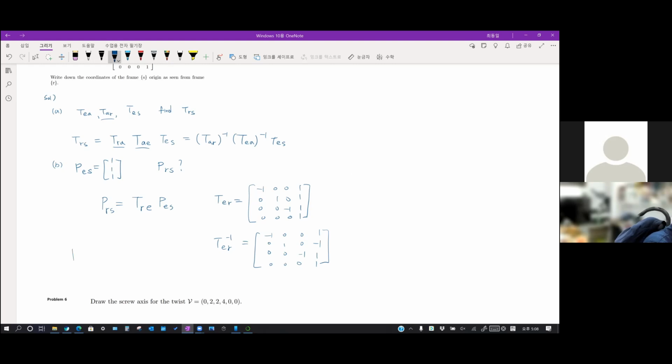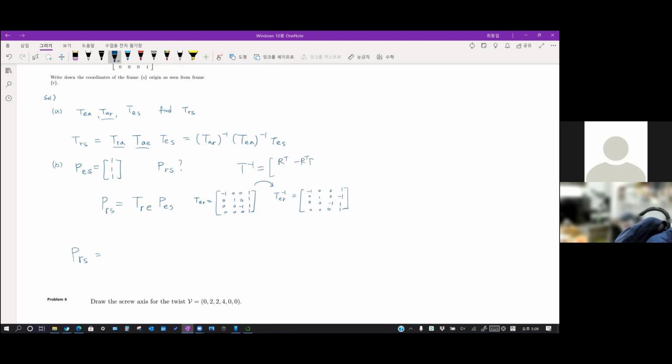Therefore, we can calculate PRS. When we calculate this one, we calculate it by T inverse equals R transpose, minus R transpose P. By using this equation, we calculate this.